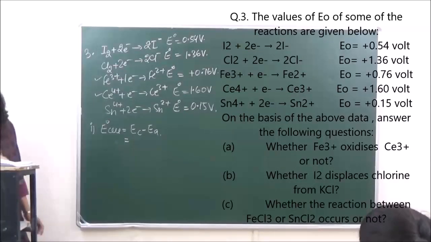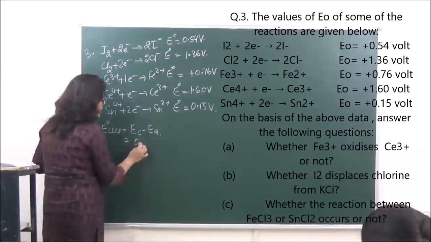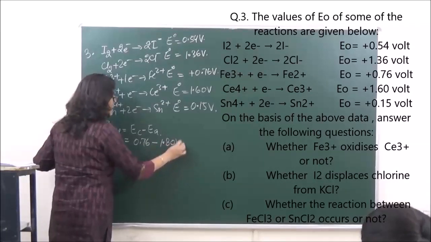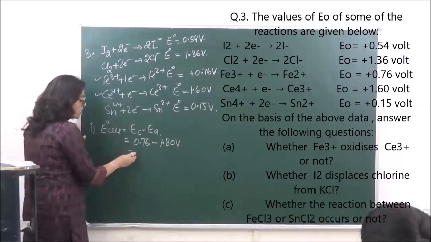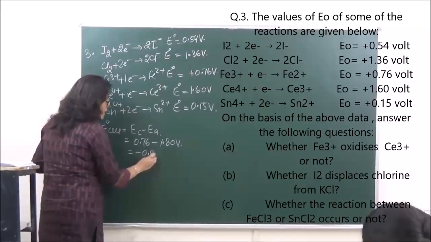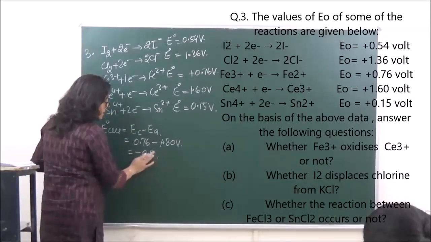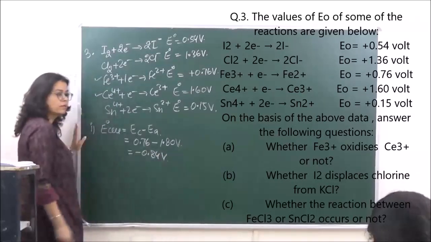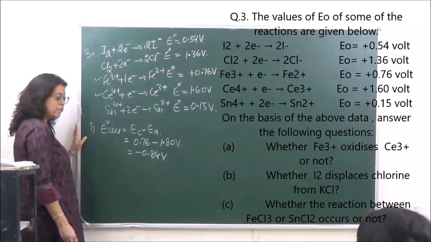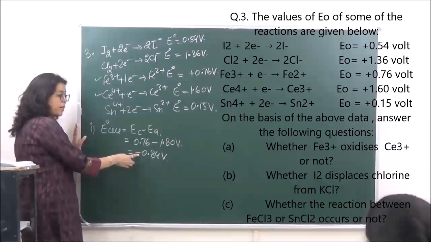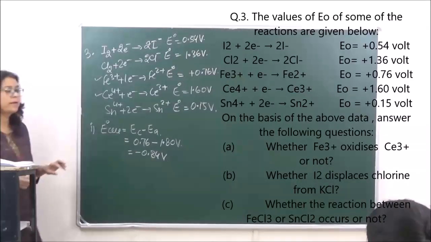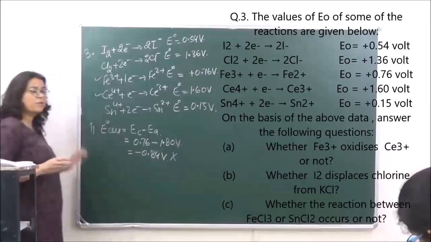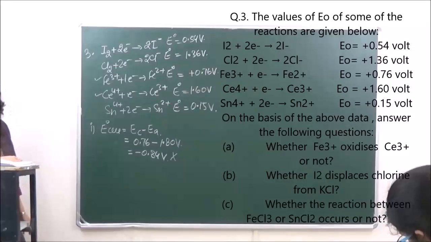So we are going to get 0.76 minus 1.60 volt, which will come as minus 0.84 volt. Since the E naught cell is negative, the reaction cannot take place. So the answer to the first question is going to be no.